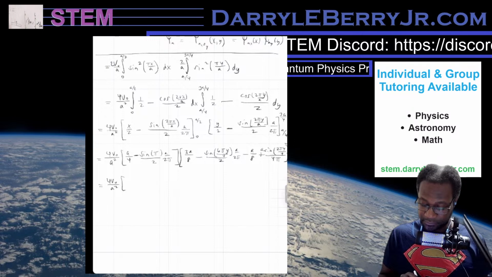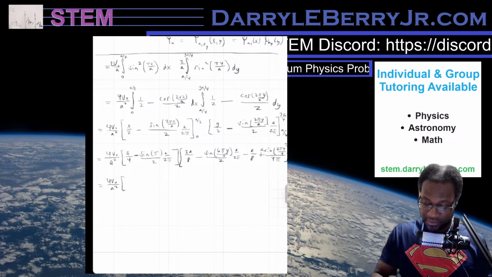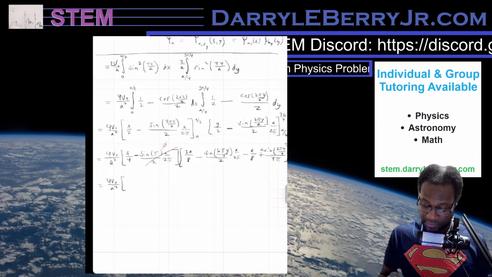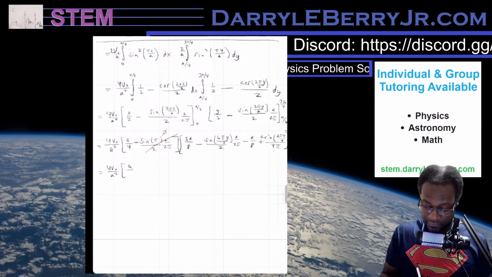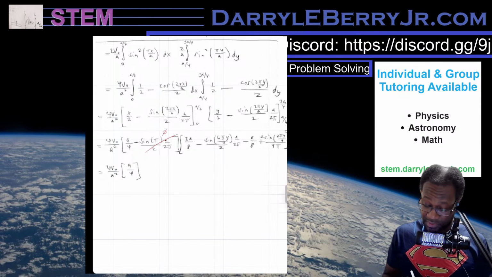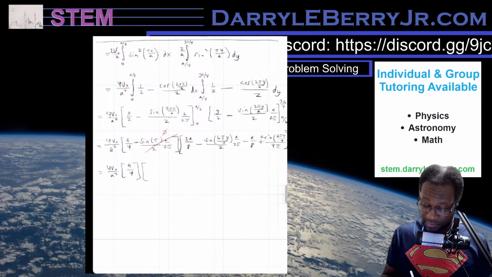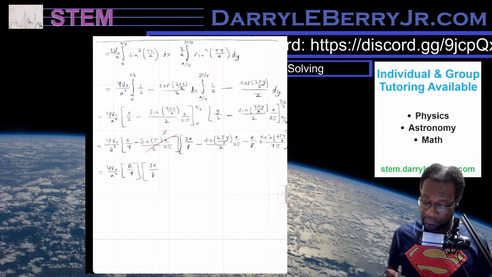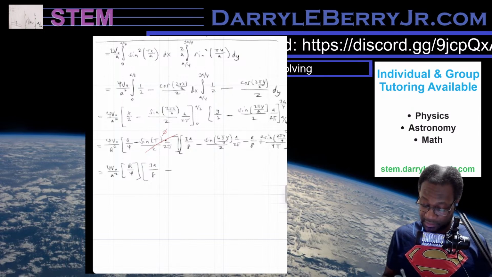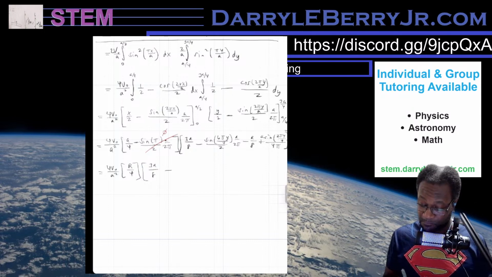That's right, I forgot. So sine of pi is 0. So we have a over 4, times 3a over 8, minus, all right, I'll still put the y there.